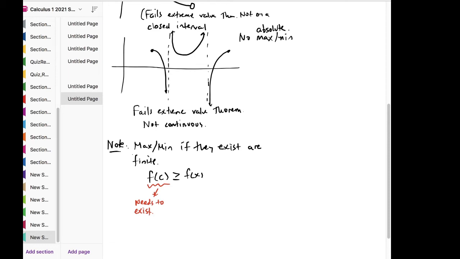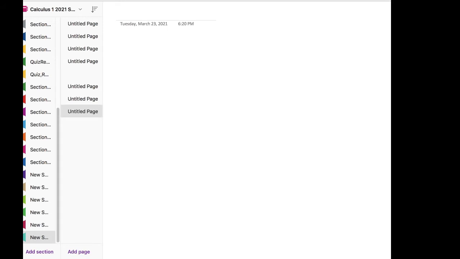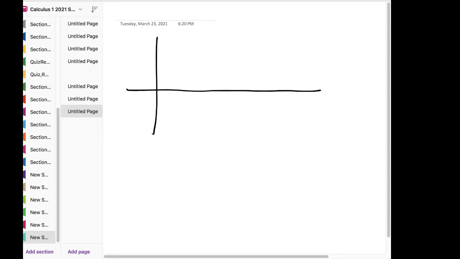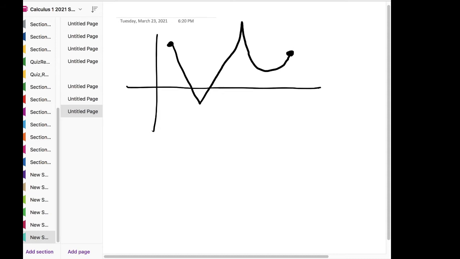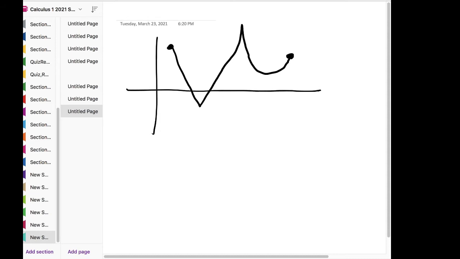Oh yeah, and then we can do one more. Okay, absolute max and min. Yes. Right, just because these are weird looking points, it's fine.